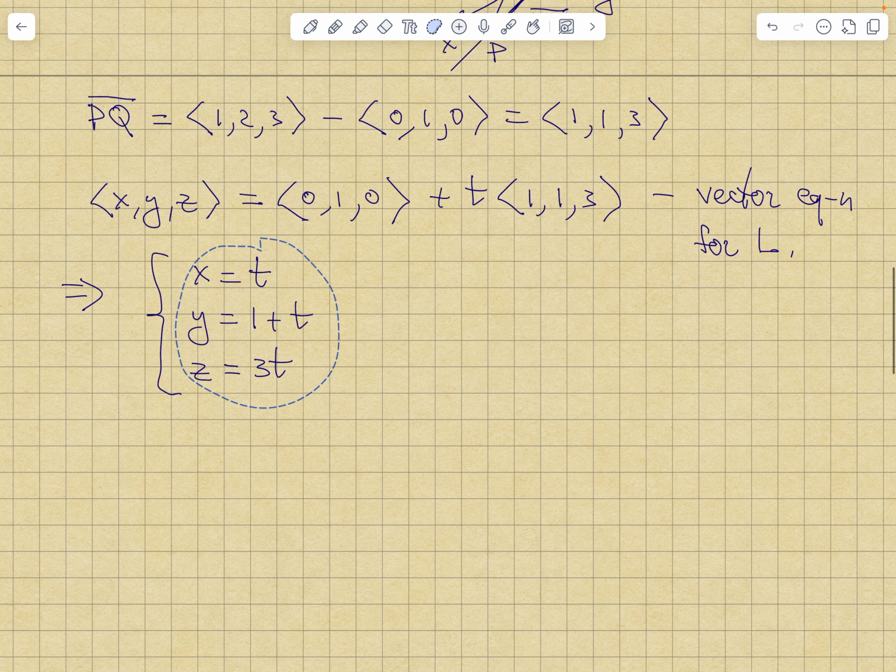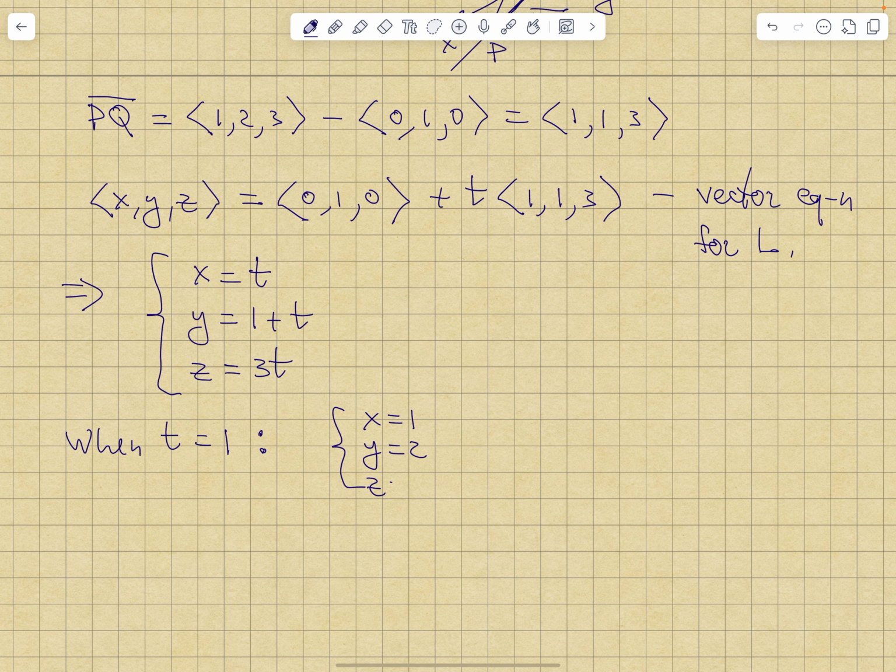So when t is equal to 1, then I have x equal to 1, y is equal to 1 plus 1, 2, and z equal to 3 times 1, 3.